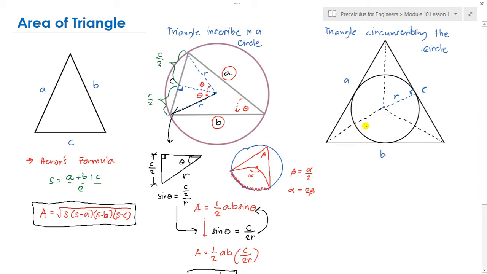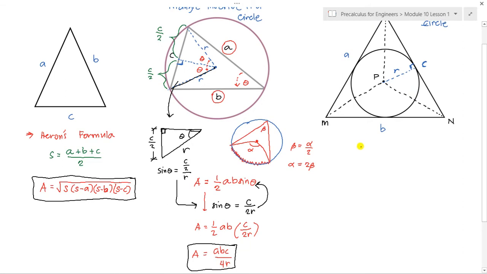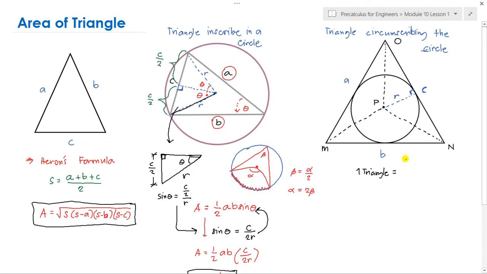Let's say this is vertex M, this is N, and this is O, and then the center point is P. So the first triangle is triangle MPO.